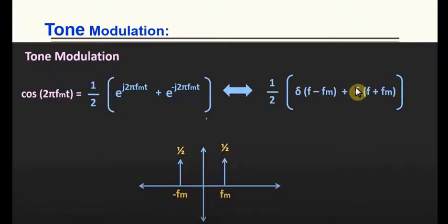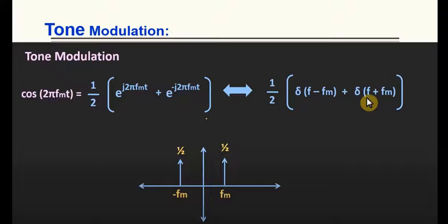And if you plot this to see the spectrum of this signal, then we will have a pulse located at f minus fm equal to 0, so f is equal to fm. So this is centered at fm. This is a pulse represented by this arrow, and it has a magnitude of 1/2.